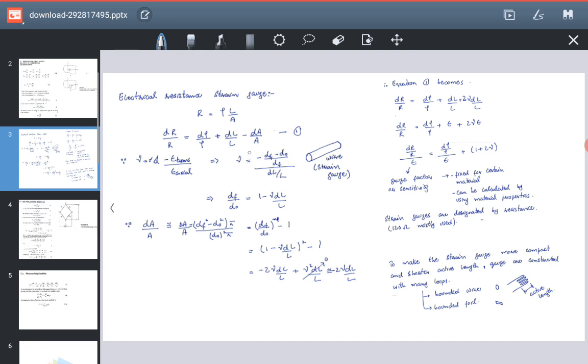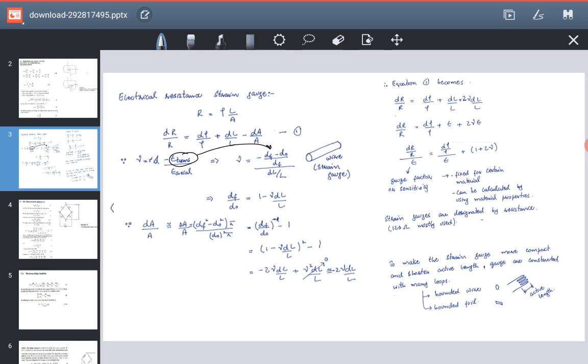Now all you have to do is break it up, and by that I mean we know that nu is equal to E trans upon E axial. So simplifying it further, we are going to get this.